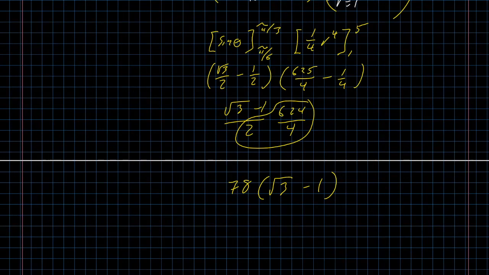So 78 root 3 minus 78. Or you could get a decimal approximation if you would like. Square root of 3 is something like 1.76. Subtract 1, that's 0.76. Multiply that times 78, and you will get something in the ballpark of 19, 18, somewhere thereabouts. Good enough.